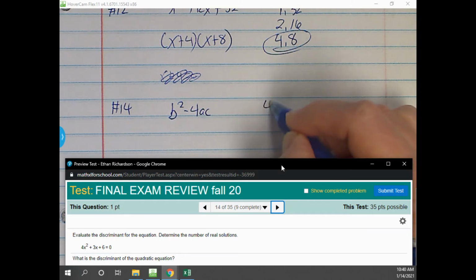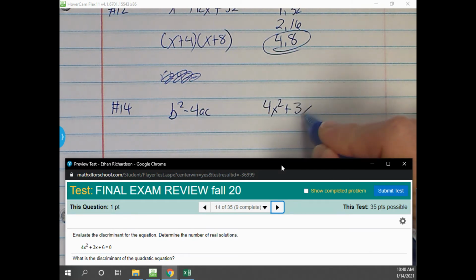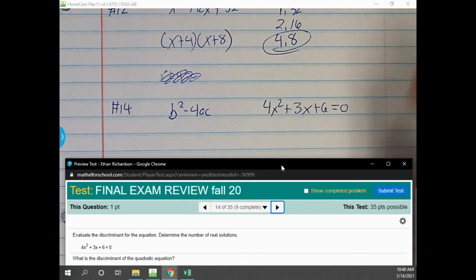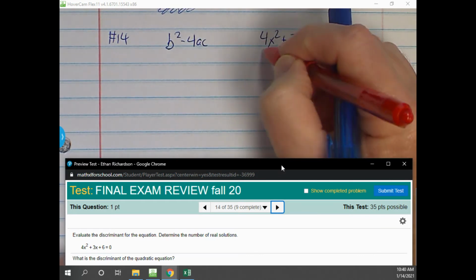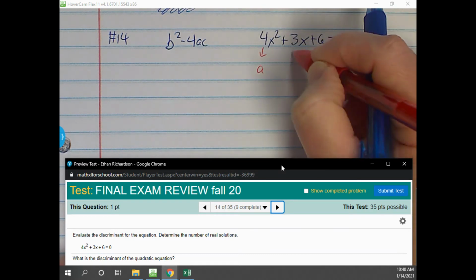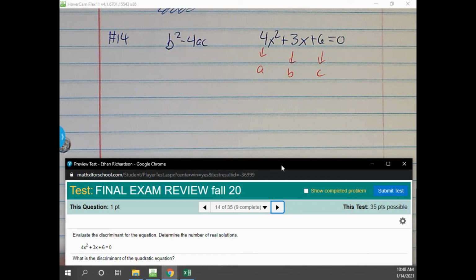So for this equation, we have 4x squared plus 3x plus 6. Okay, there's our a value, the first number. Whatever's with the x is our b value. The last number is our c value. So we're going to plug in 4, 3, and 6 for a, b, and c.